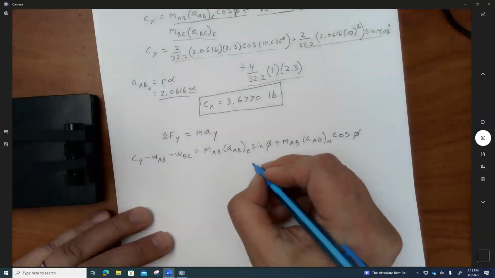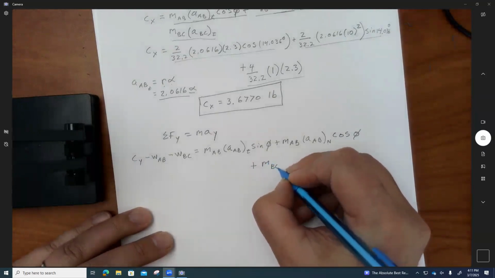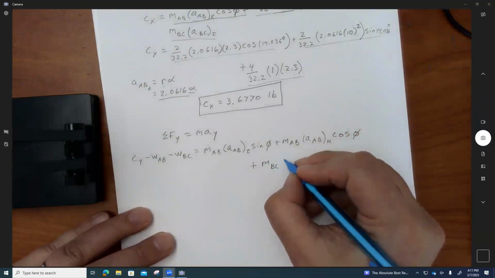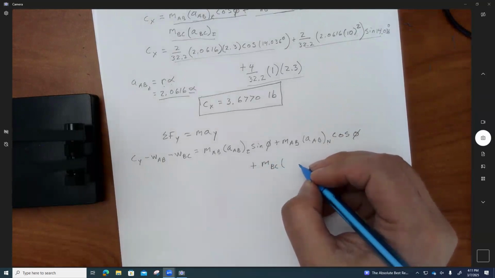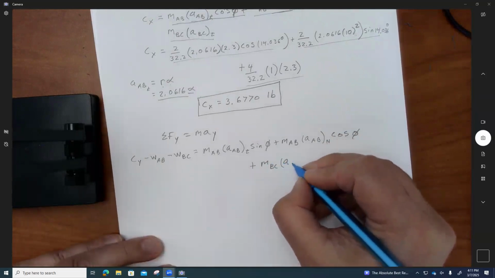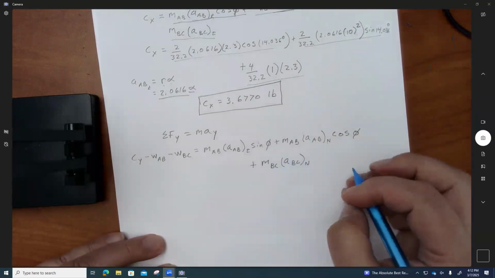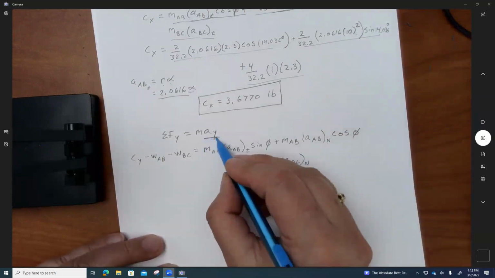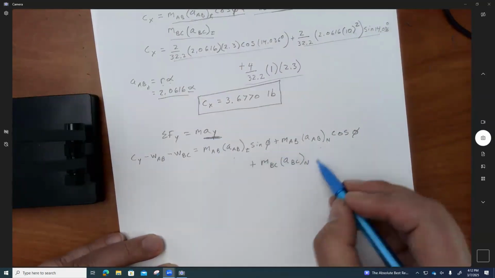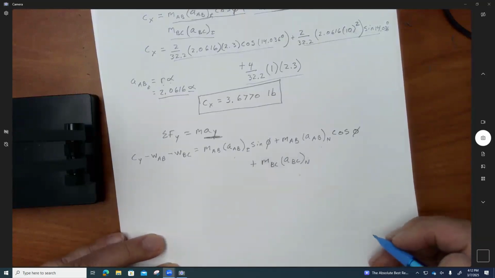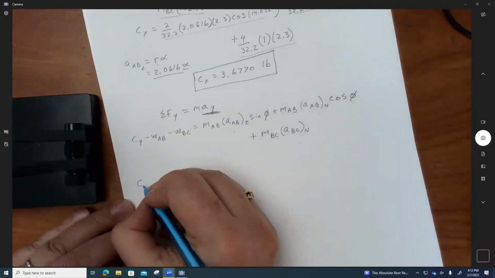So let's add on the mass of BC, and that's going to be multiplied by the normal component of BC. And that would sum up all of our accelerations that take place in the y direction. Let's plug in some numbers and solve for Cy.